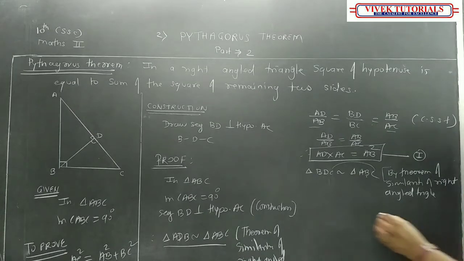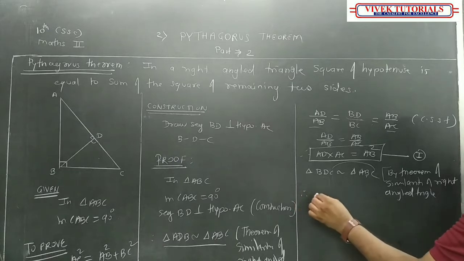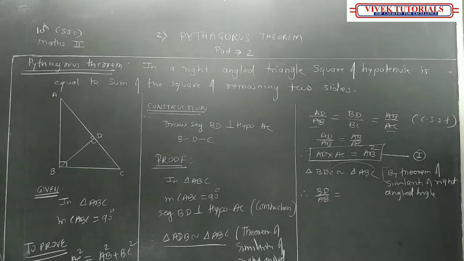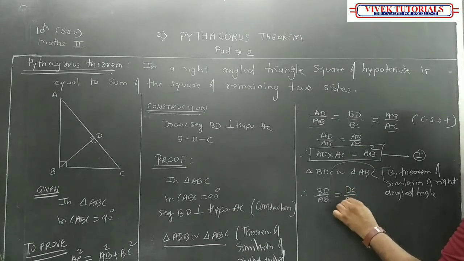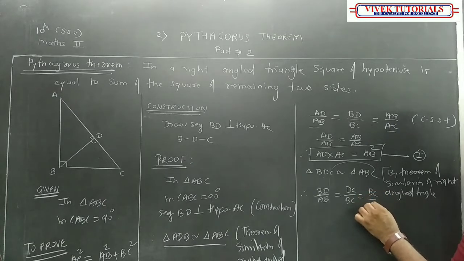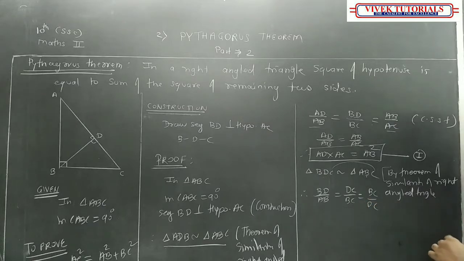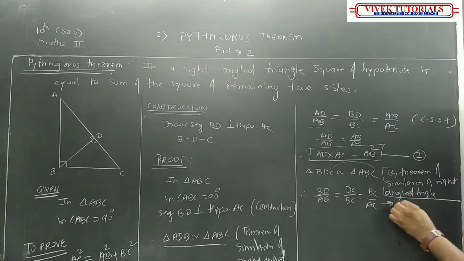So again, if I am taking a corresponding side, so what will happen then? Therefore, BD upon AB is equal to BC upon BC is equal to BC upon DC. I think I made a mistake. BC upon AC. Here we are going to write a reason CSST.